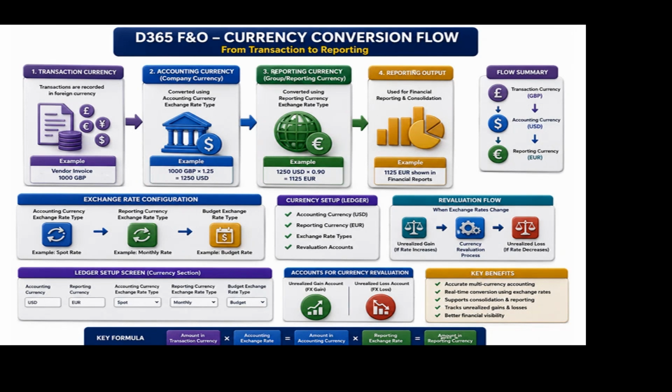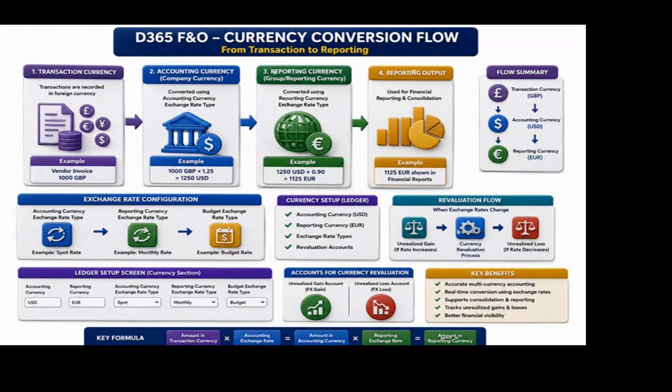However, when we want to do group reporting, it will be the currency of the location of the group company. So if the company is located in Germany, German currency would be the group reporting currency. So again, these are different kinds of currencies that we can set up and find in the system.